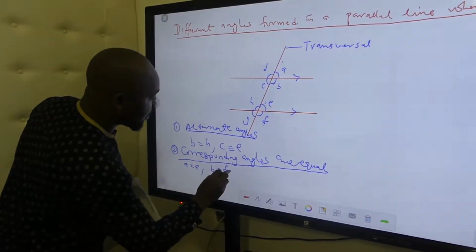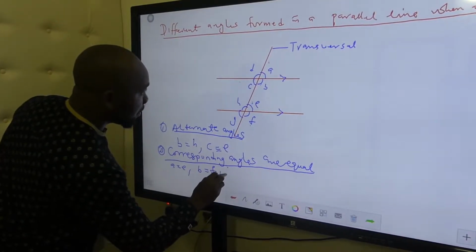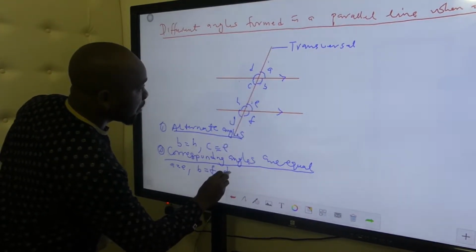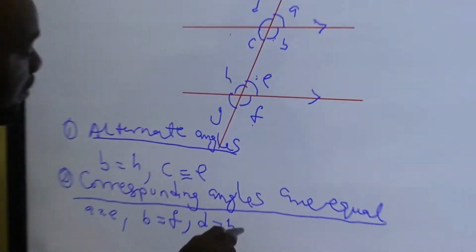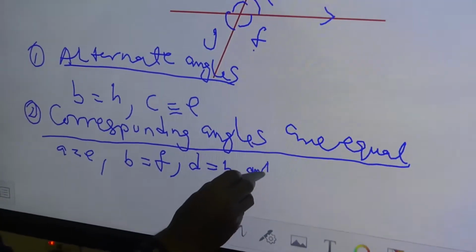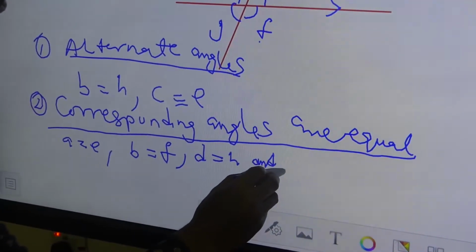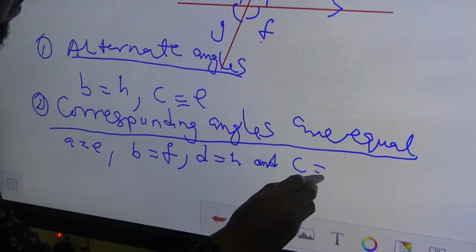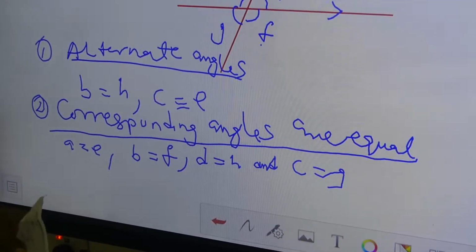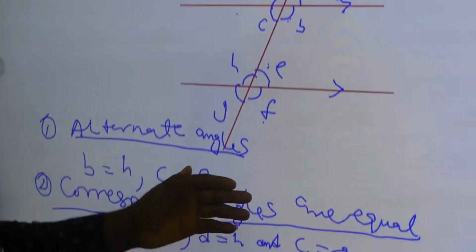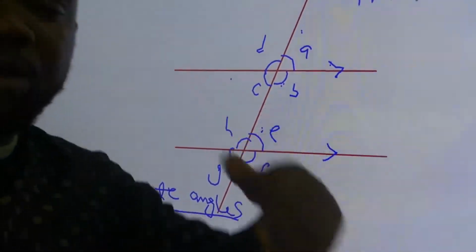D is equal to H, and the last one, C is equal to G.